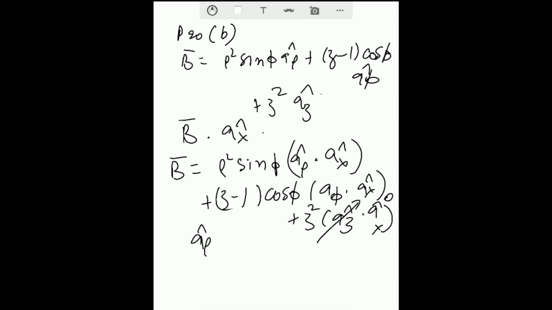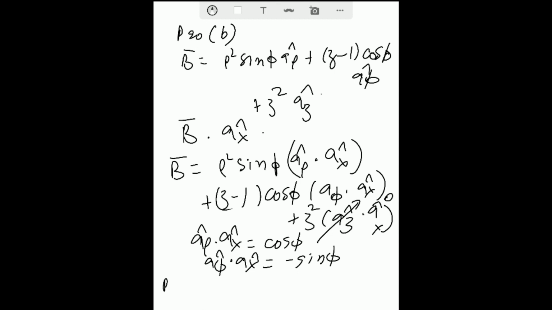So a rho dot ax is equal to cosine phi, and a phi dot ax is equal to minus sine phi, and this can be found from the formula sheet, the unit vector relations between a rho and ax, and dot that relation with ax to get these values.